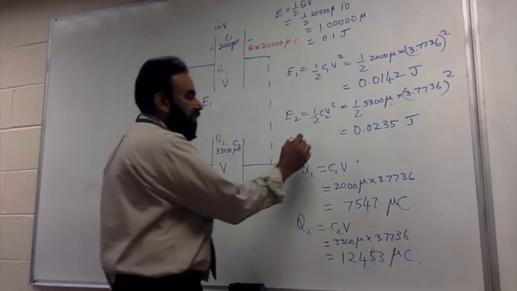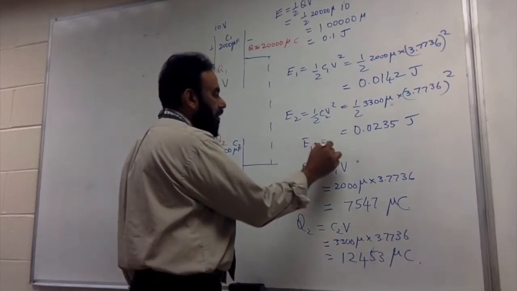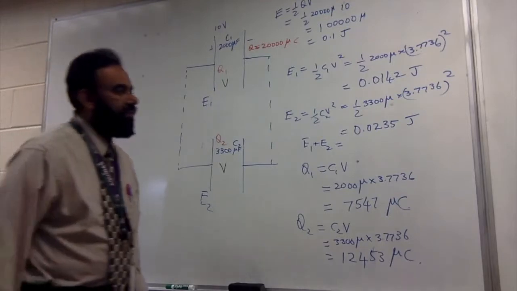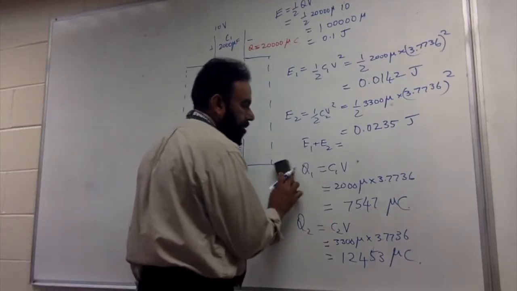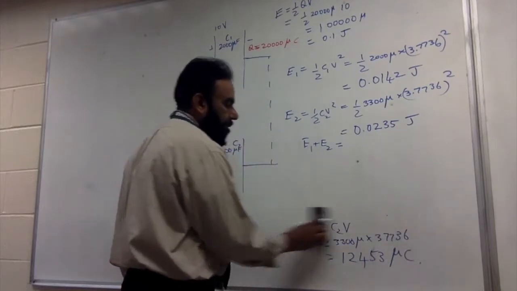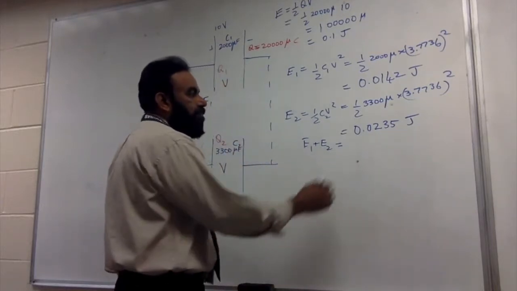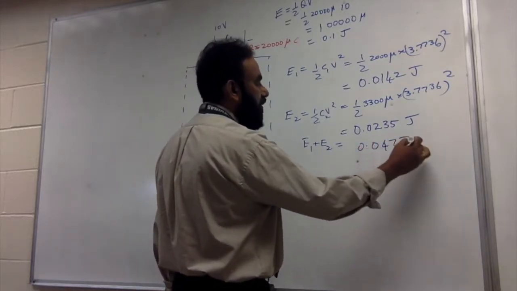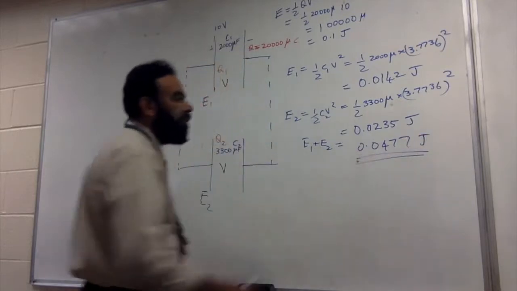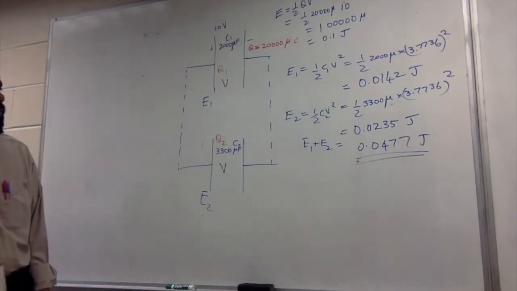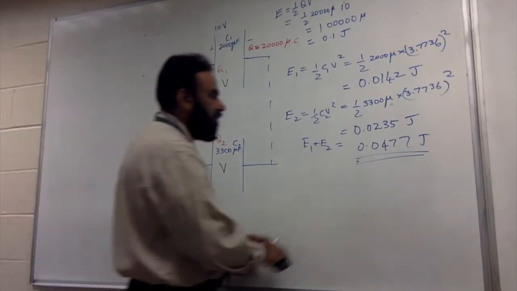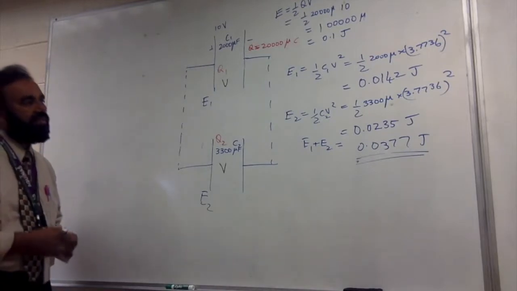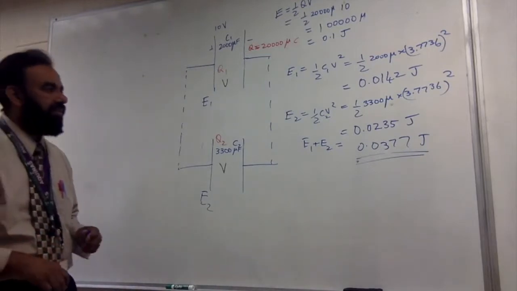Add E1 and E2 together. What do you have? It is 0.0377 joules.